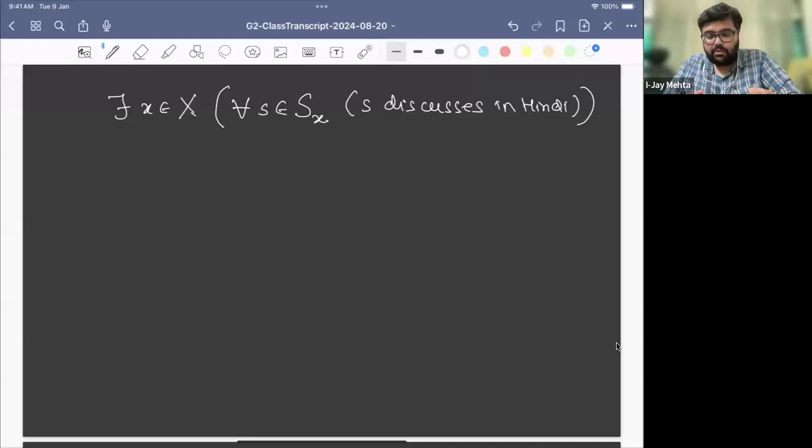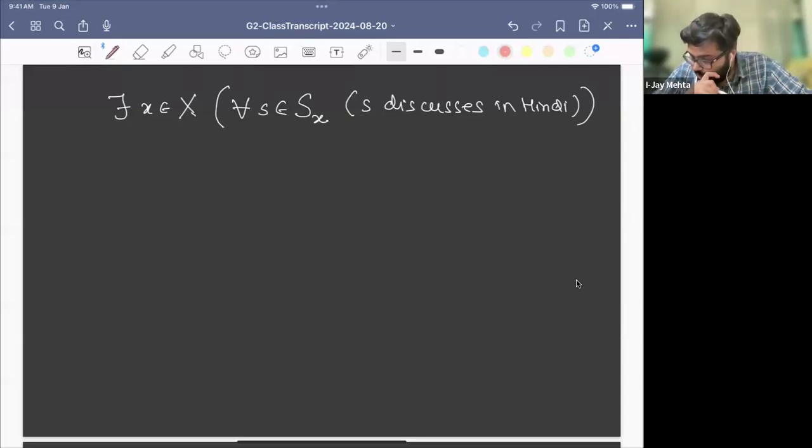I go to each breakout room, I observe all the students. If all of them are speaking in Hindi, I have found my room. My statement is true. My job is done. If I go to the first room and it is not the case, I'll go to the second room. When I go to the third room, all students in the third room are discussing in Hindi, I'm done. I found a breakout room. That's it. So when is the statement false?